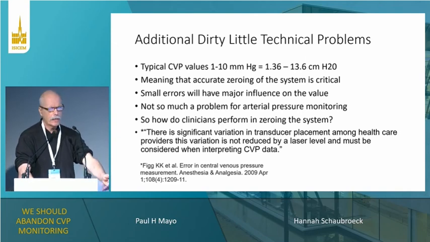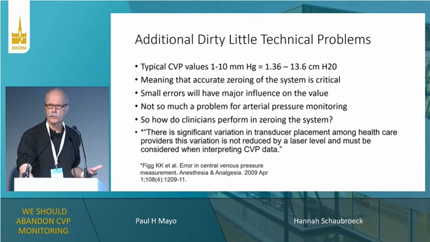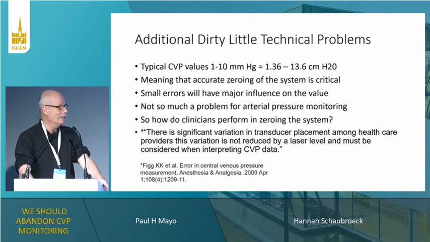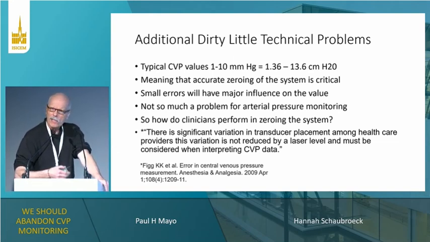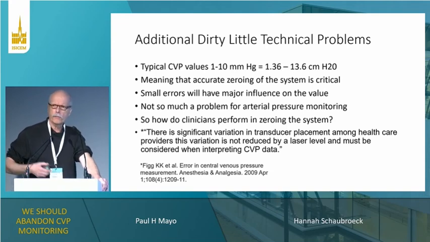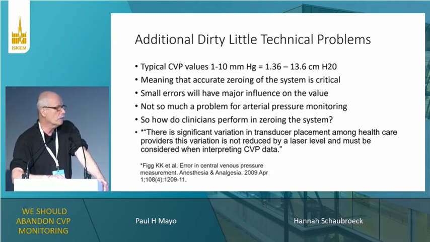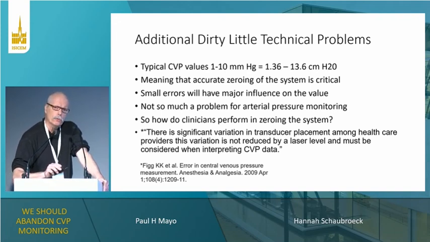If it's off by a couple of centimeters, then that central venous pressure is off by a couple of centimeters, and if it's off by more than that, then there's a real problem, okay? Small errors are not relevant to arterial pressure. That's very high, right? But for central venous pressure, how do clinicians do when they zero the systems?